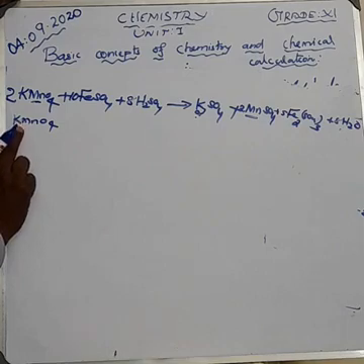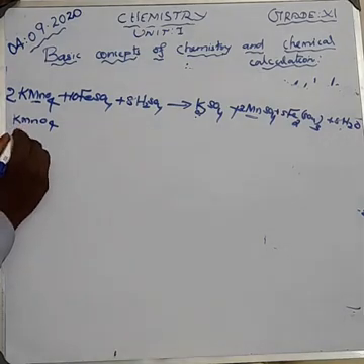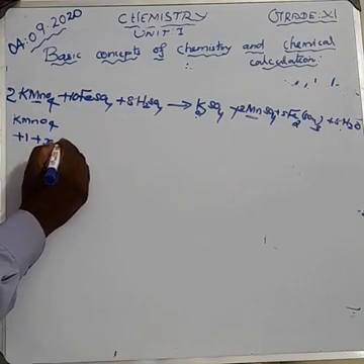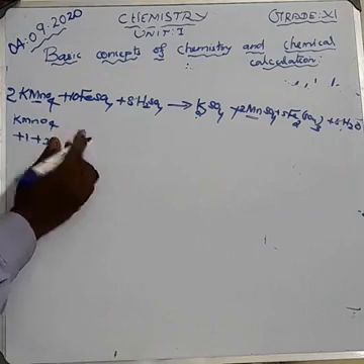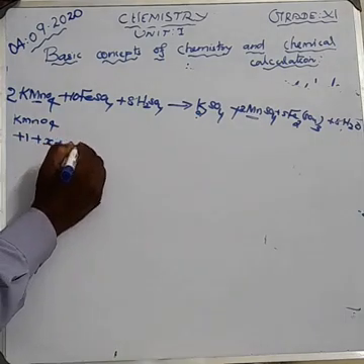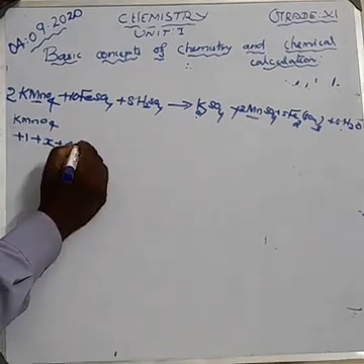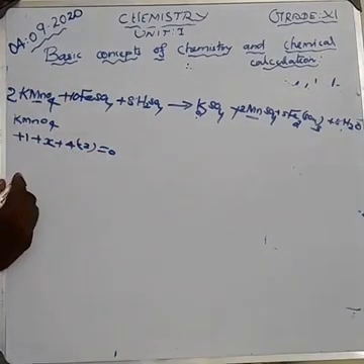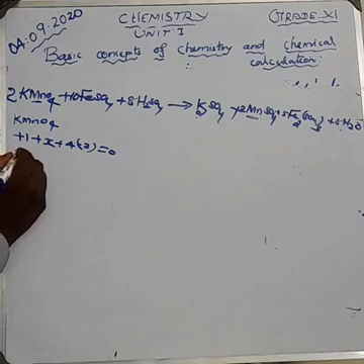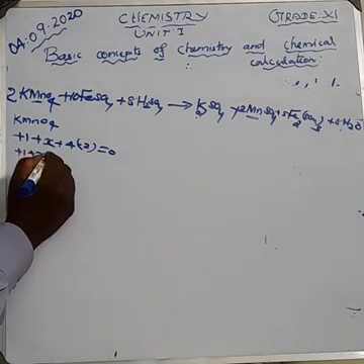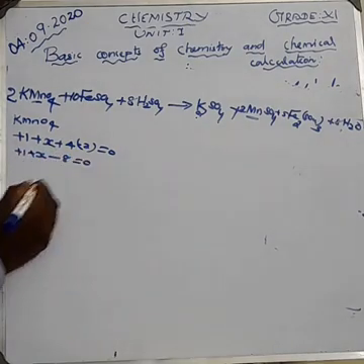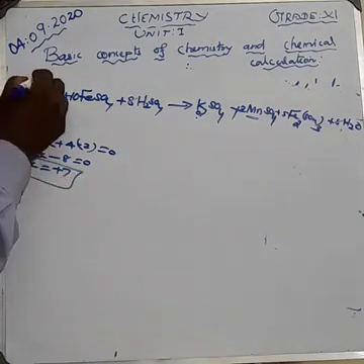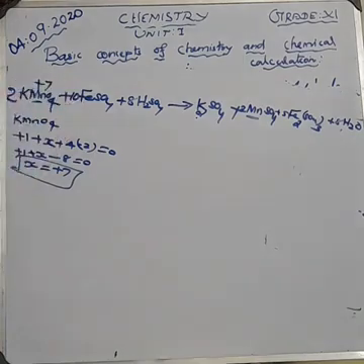All the alkali metals, I told you, have plus 1. Mn is taken as X. Then oxygen: 4 oxygen, 4 into minus 2, equal to 0. There is no charge. So plus 1 plus X minus 8 is equal to 0. X is equal to plus 7. Clear? So the charge is plus 7.